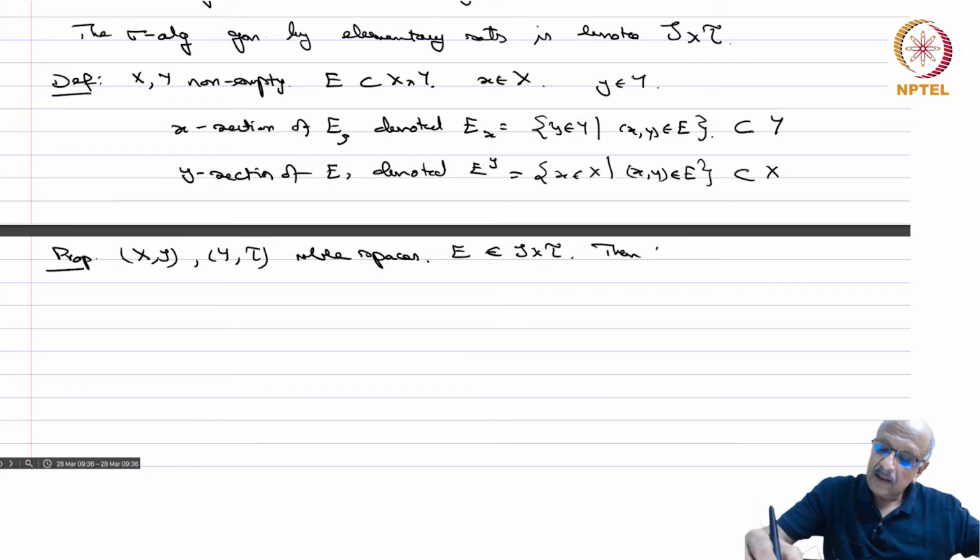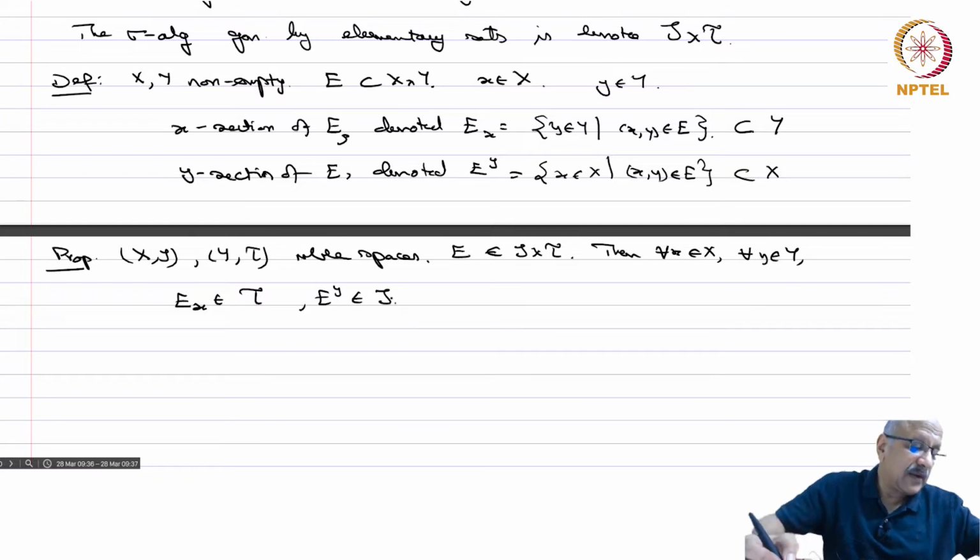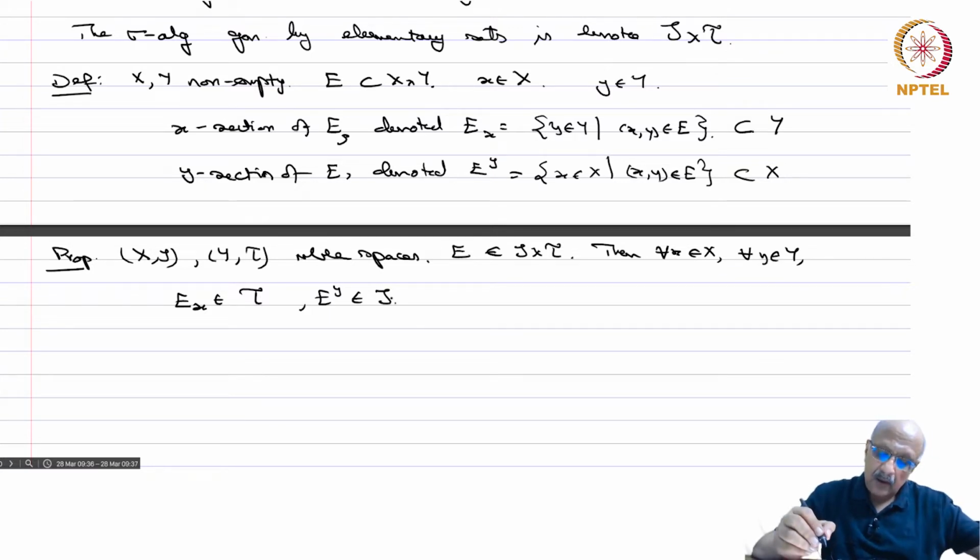Then for every x in X, for every y in Y, we have E sub x belongs to T and E super y belongs to S. If this does not happen, suppose you have a set E whose x section does not belong to T for some x, or whose y section does not belong to S for some y, then the set is not measurable, because if it is in S cross T, both of these must happen. So this is just a test of measurability.